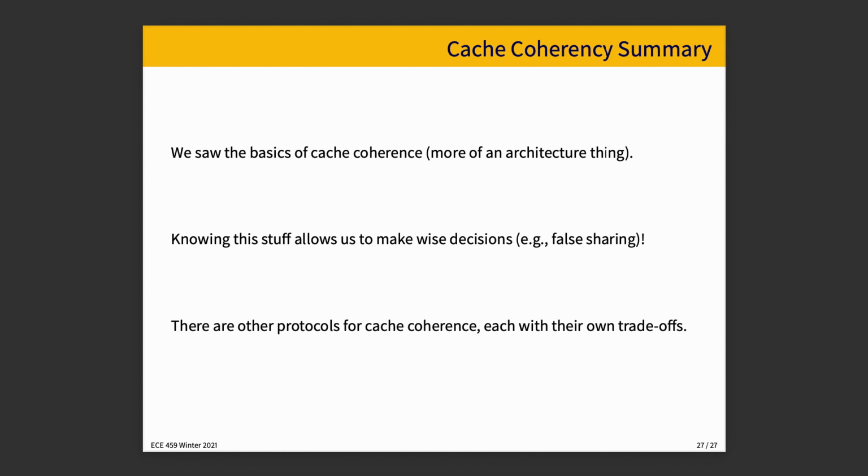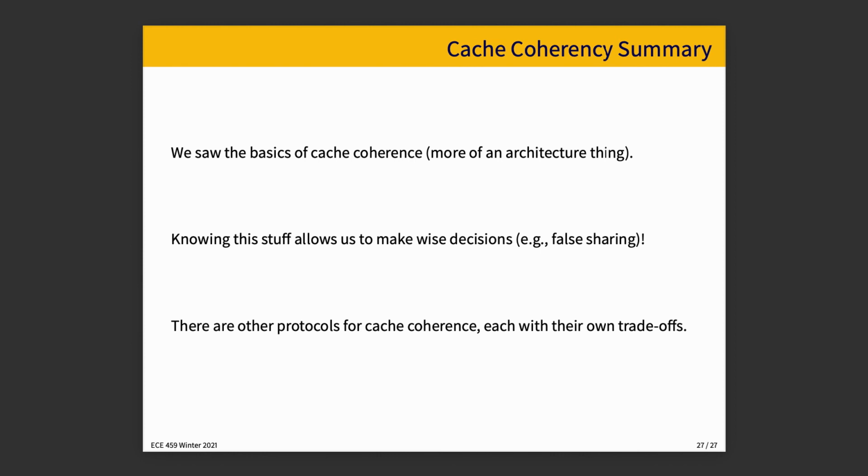We recognize that this is not a very complete understanding of cache coherence because that's a lot more hardware architecture than we want to talk about, but each of those approaches has its own trade-offs, as we got a little bit of a taste for in this topic.